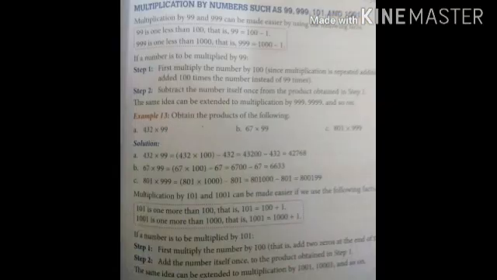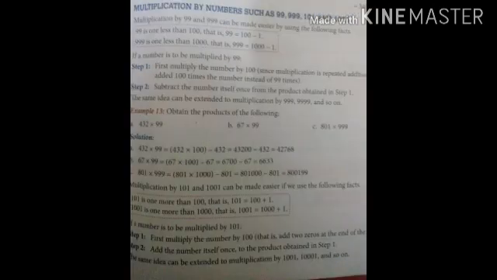2450. We are learning the multiplication of numbers such as 99, 999, 101, 1001. 99 is less than 100, so when 99 is given we take 100 minus 1. If 999 is given we take 1000 minus 1. There are some steps to follow to do the multiplication with 99 and 999.